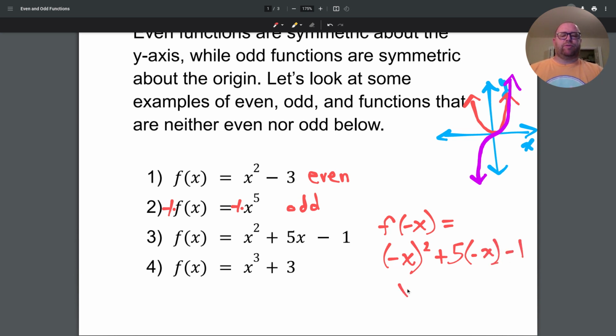Negative x squared becomes just x squared. 5 times negative x is minus 5x, minus 1. So it's not an even function for sure. If I multiplied everything by negative 1 here, I'd have negative x squared minus 5x plus 1. So it's not an odd function either. So this is neither even nor odd.